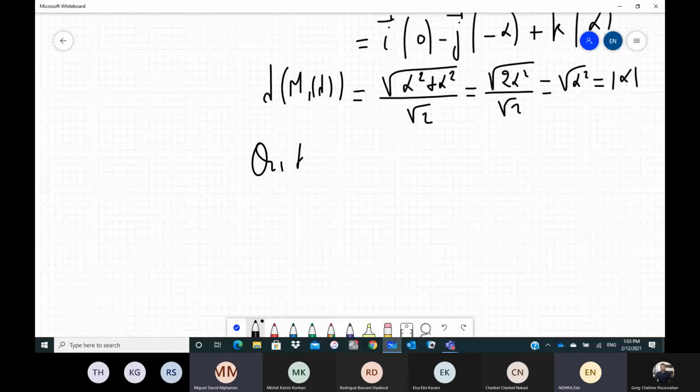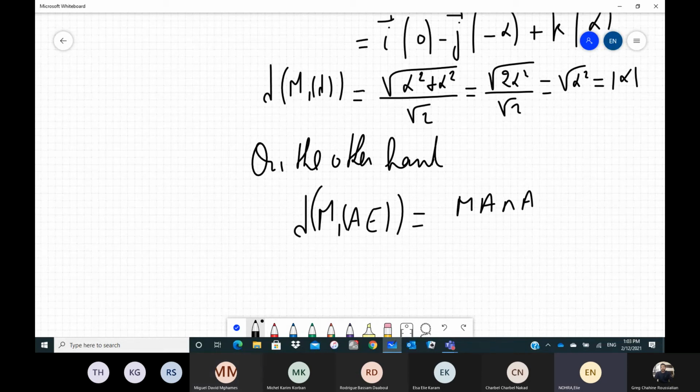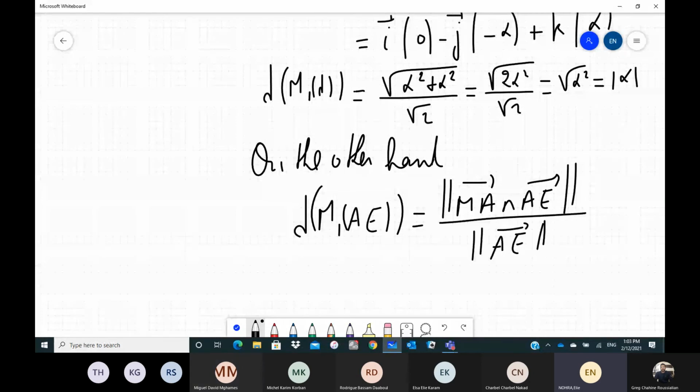On the other hand, the distance from M to AE: AE is a line, so it's MA vector AE over the norm of AE. We don't need the equation of the line AE. Agreed? Yes, sir. Very good.